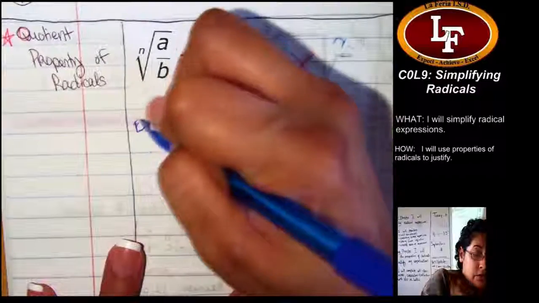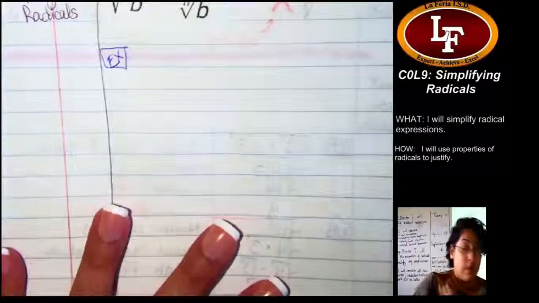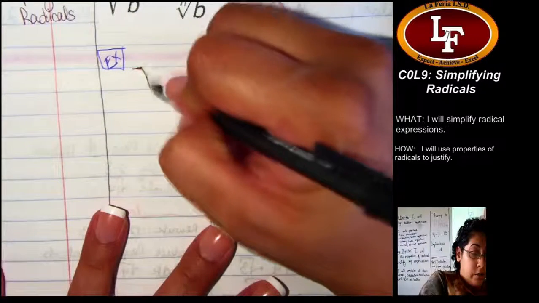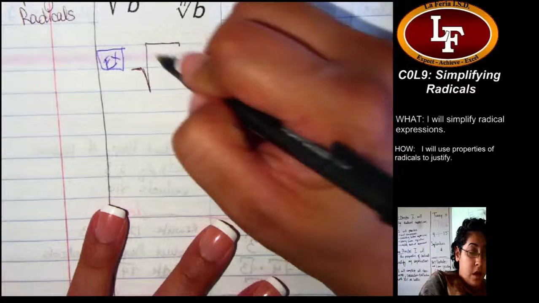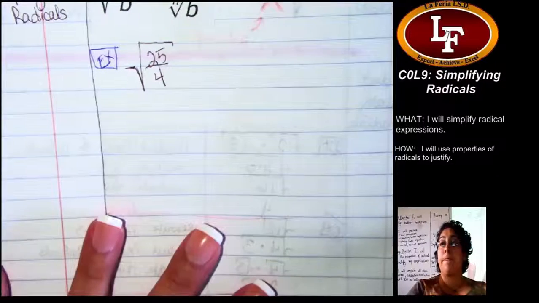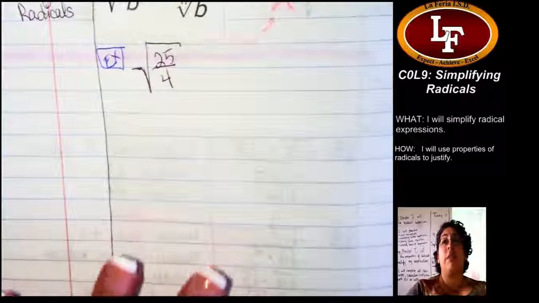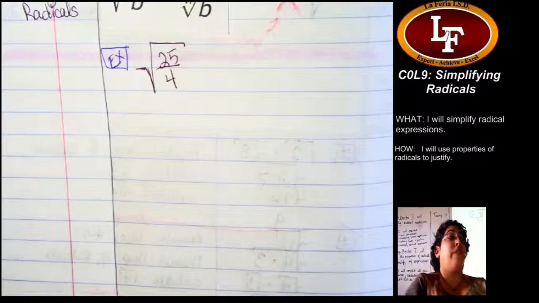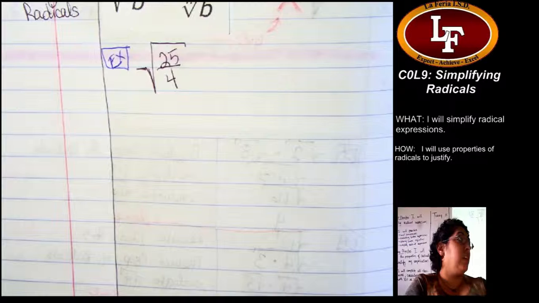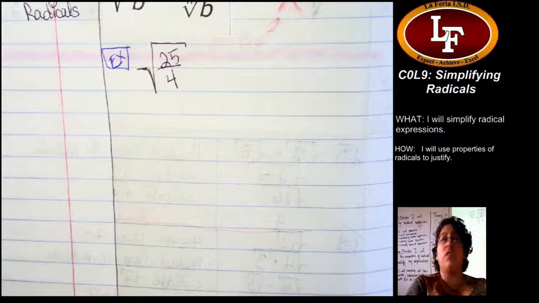Let's go ahead and do our example for this one. Let's take the square root of 25 over 4. Now, looking at that as is, your first instinct might be to divide 25 by 4 and get something like 6 point something, and then try to take the square root of that.